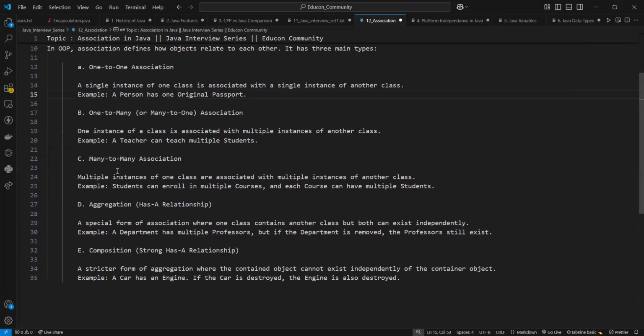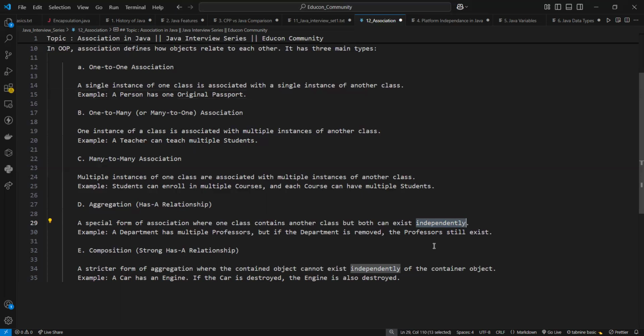Next, aggregation and composition are two special types of associations. They are has-a relationships. Aggregation is basically a weak relationship in which both entities can survive without each other. They are independent and can exist independently.